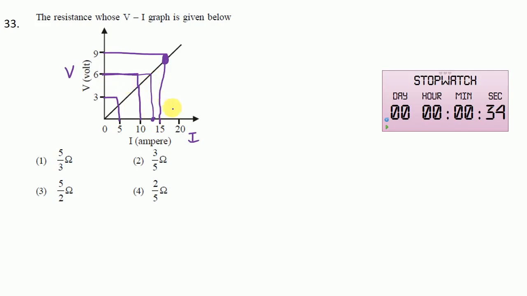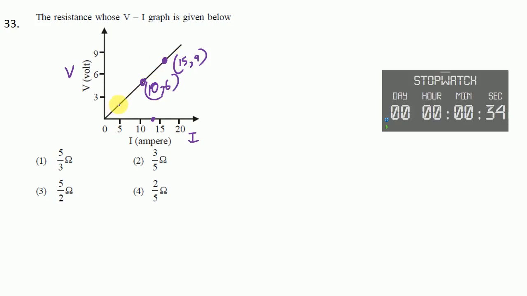Okay, so the question is kind of okay. We'll take 9 with 15, 6 with 10, and 3 with 5. So this point we call 15 comma 9, this will be called 10 comma 6, and this will be called 5 comma 3.